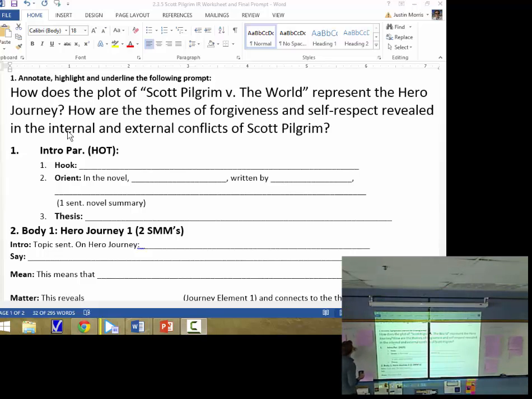Fighting ex-girlfriends, that's four. Meeting Ramona, same as the first one. Walk back to the door. So crossing the threshold with Ramona, that's five. Five different events over on that one with the theme of forgiveness. Things like admitting mistakes, saying sorry, that kind of thing are themes of forgiveness.